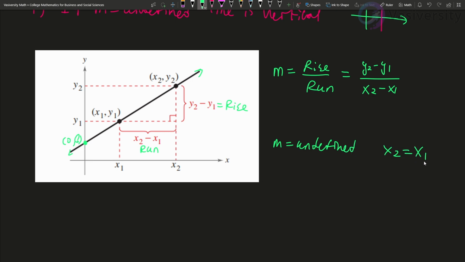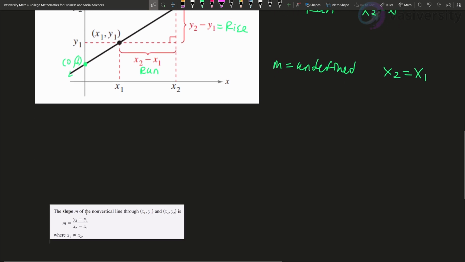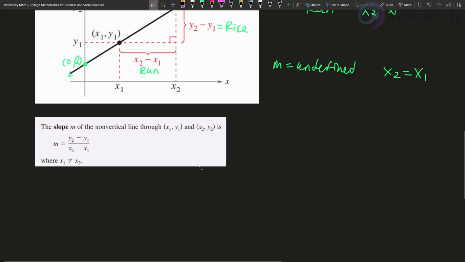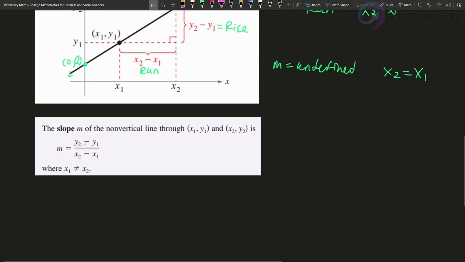Because if they're equal, then x2 minus x1 is equal to 0, and then we cannot find the slope, so the line is going to be vertical. And now a written definition of it. The slope m of a non-vertical line is this. But if x1 is equal to x2, then we have a vertical line.